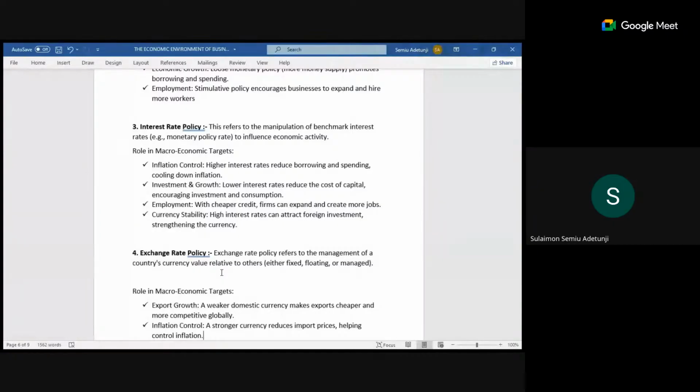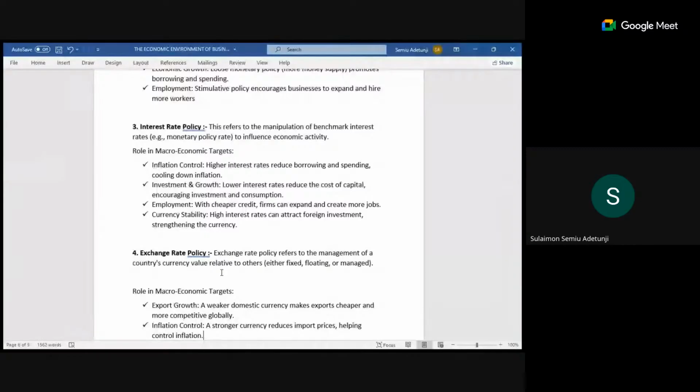If they want to increase the cost of borrowing between the bank and the customer, CBN will increase the interest rate given to them. Automatically, people will not want to borrow money.